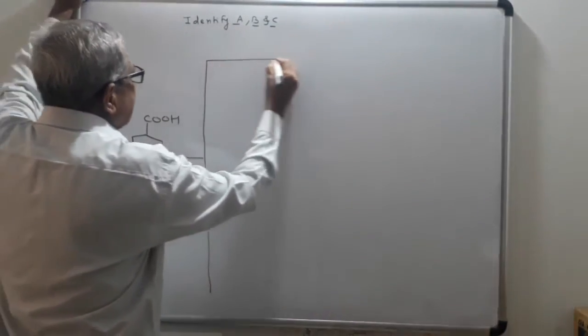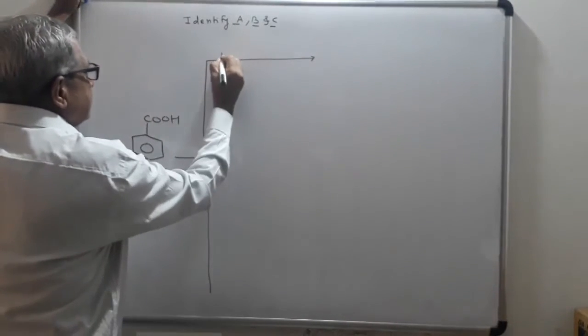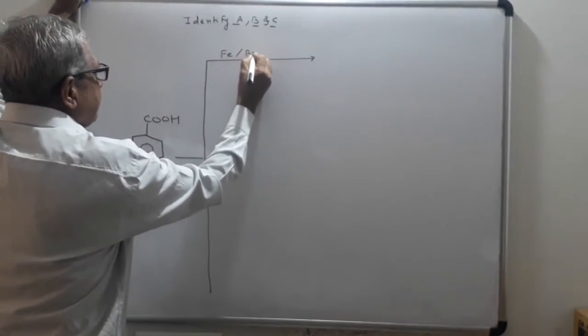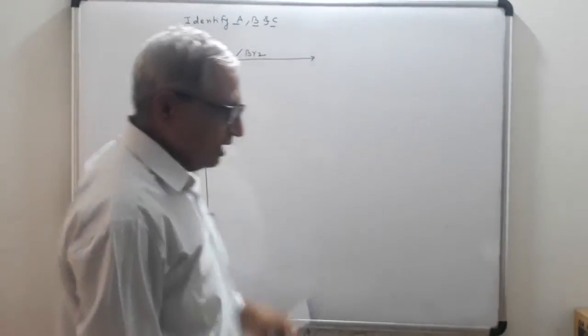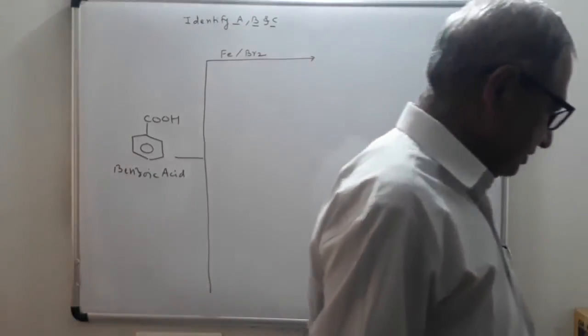You will do the reactions like this. First is A in presence of Br2. That reaction is known as bromination.